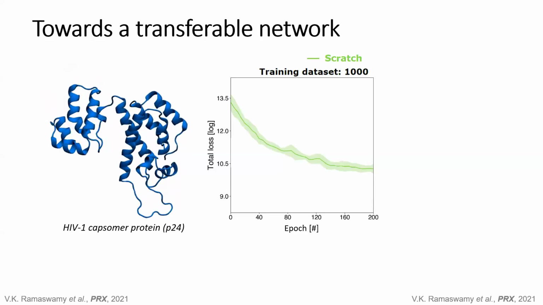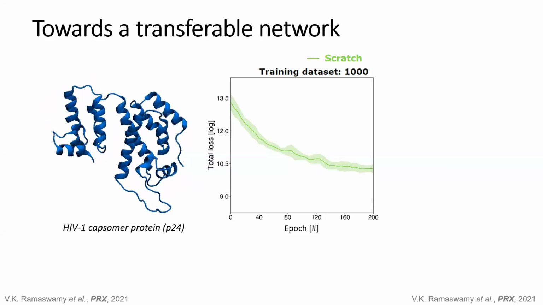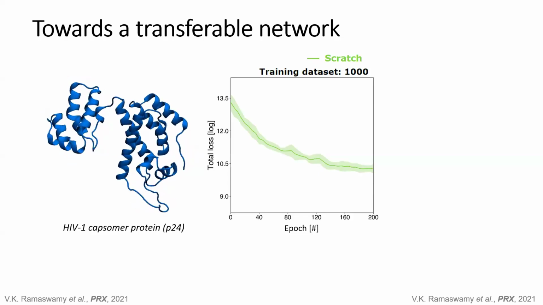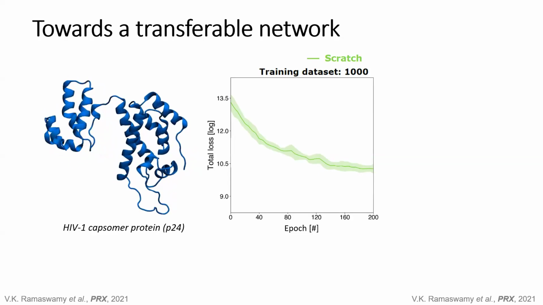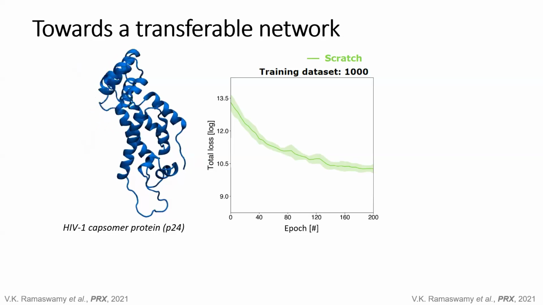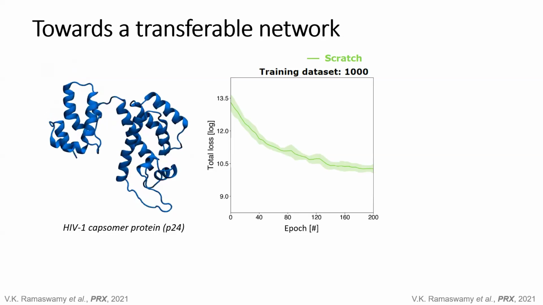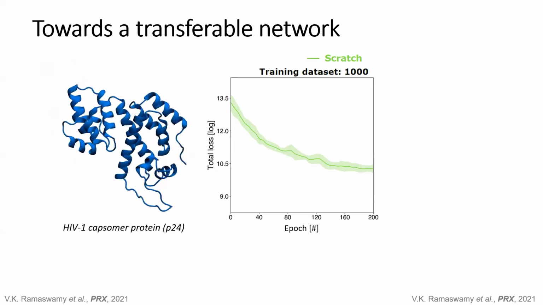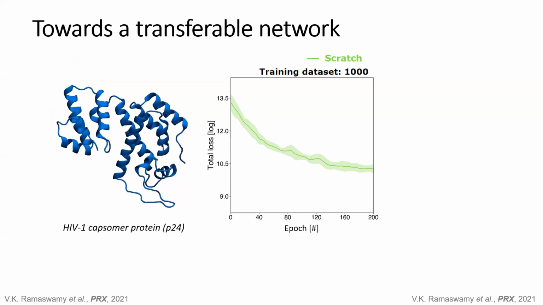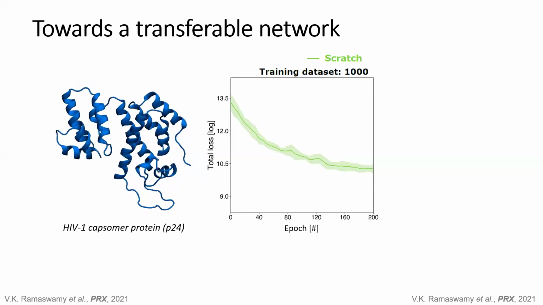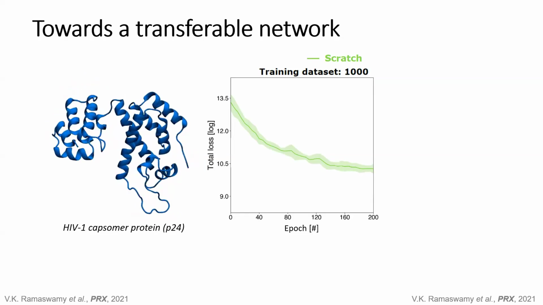On the horizontal axis you have epochs. One epoch is when you've seen all the data once. We show the data many times, and unsurprisingly, the more you show the data, the more the loss function drops. Just a little extra information: you'll see a green band around the green line. That's an average over 10 repeats.